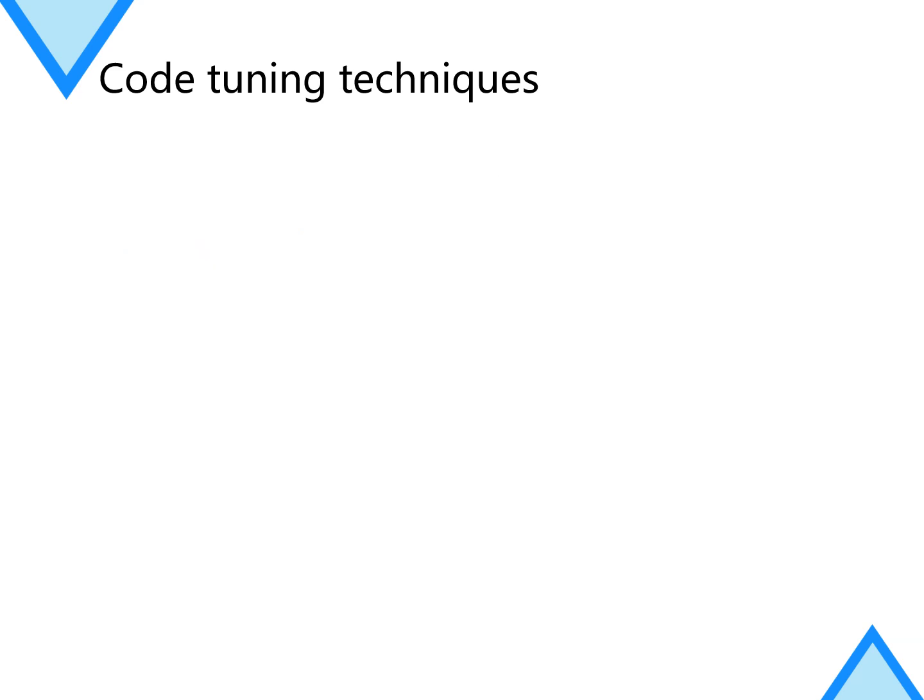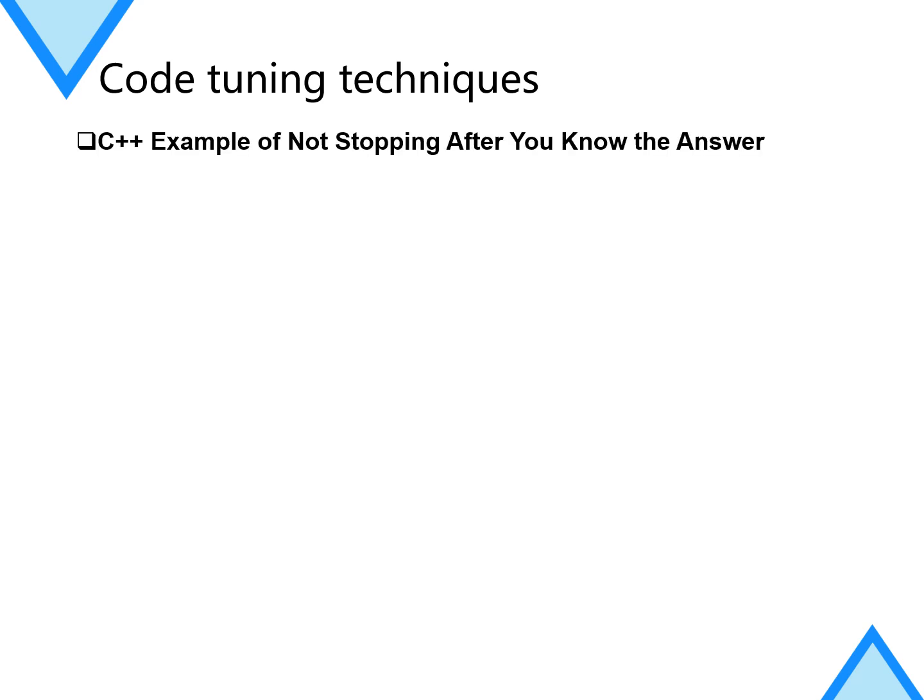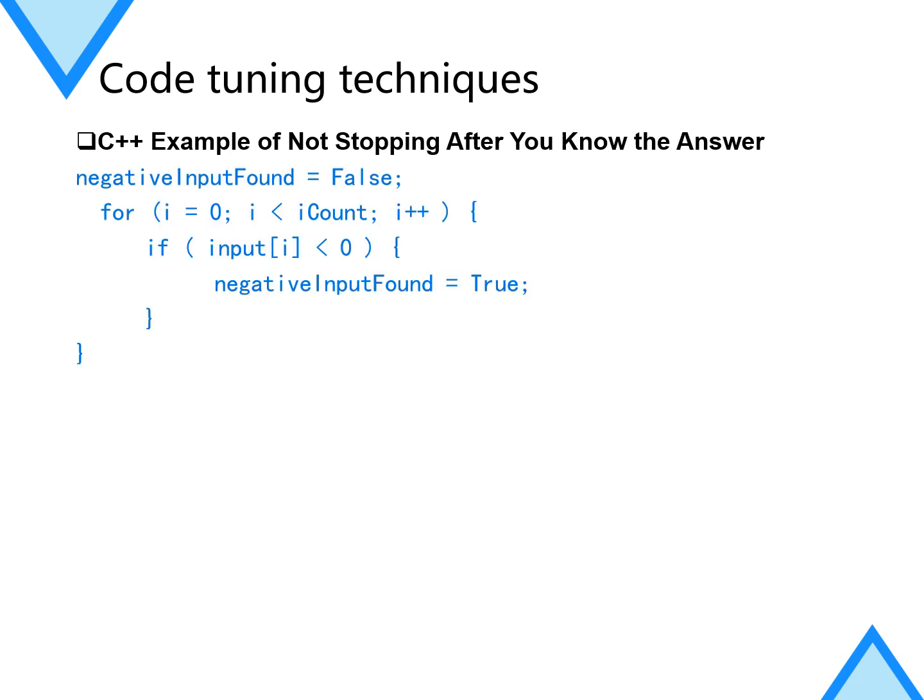Now let's take an example where short circuit evaluation is not implemented. Let's discuss an example of code which does not stop after it knows the answer. This example is taken from C++, and this code does not stop even though it knows the answer.